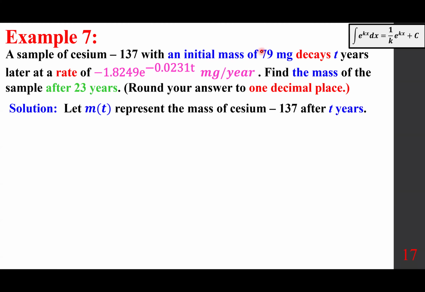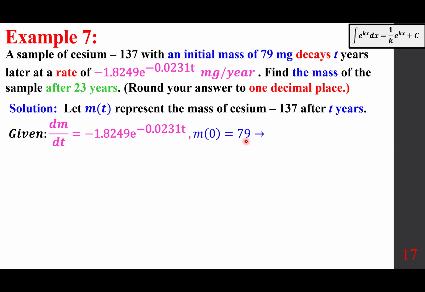So we go through the process. We can find m of t, and then 23 years later, we want m of 23. So this is the given. The dm/dt is negative 1.8249 e to the power of negative 0.0231 t. M of 0 is 79.